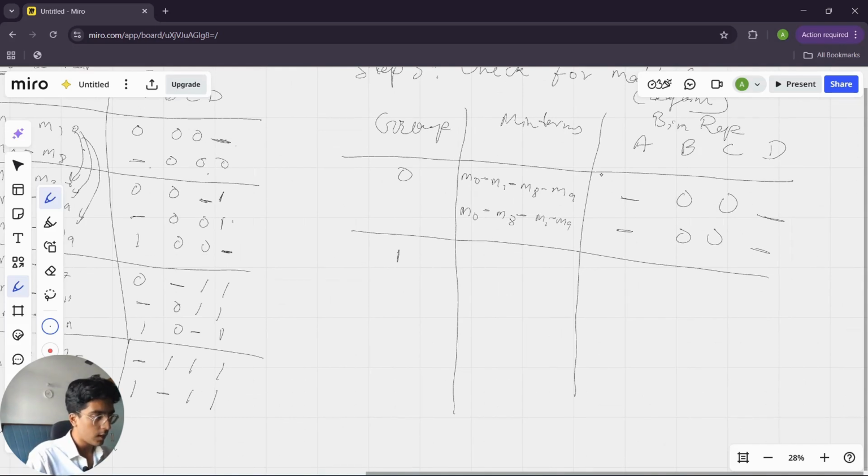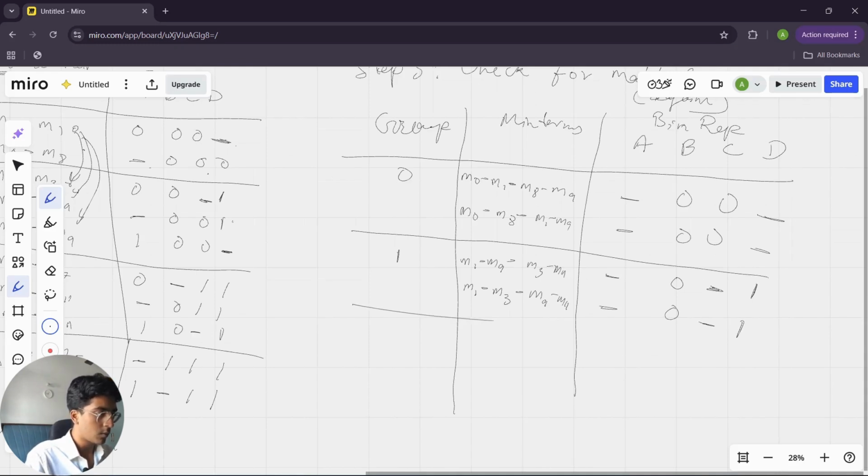So we have m1 m9 and m3 m11, which is represented as dash 0 dash 1, and then we have m1 m3 m9 m11, it is the same, dash 0 dash 1.